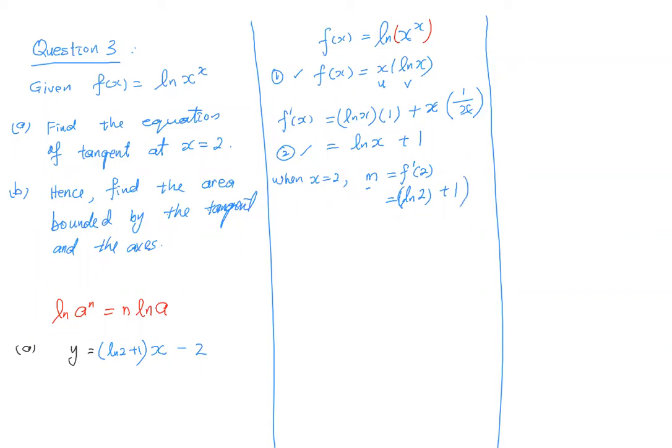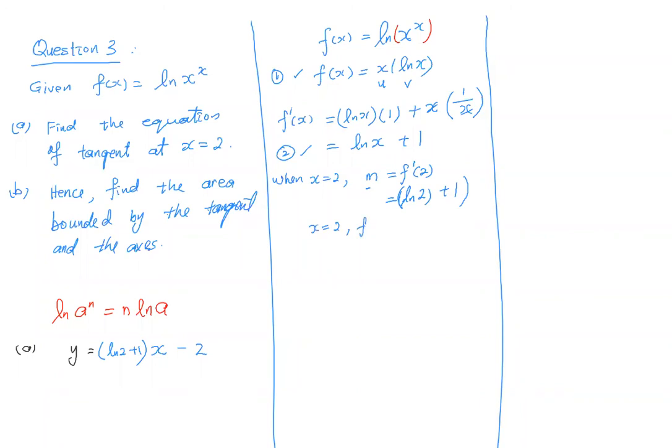So after that, what should I do? So you have to keep asking. Not a rule, but I got the gradient. I have the x coordinate. I must find the y coordinate. So when x equal to 2, what is y?